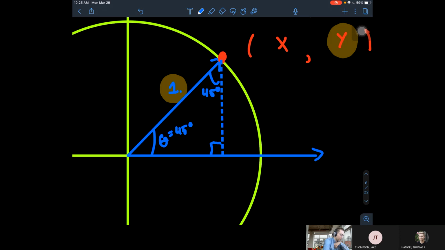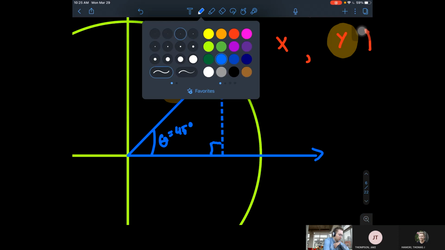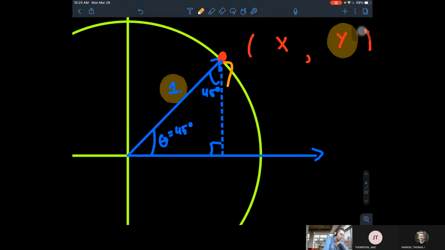So I have a 45, 45, 90 triangle, and I know the length of one of the sides is 1. So what should the length of the other sides be? How do I get the length of the other sides if I know what the length of the hypotenuse is?